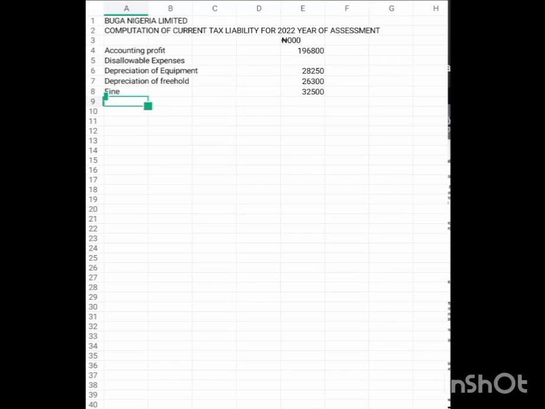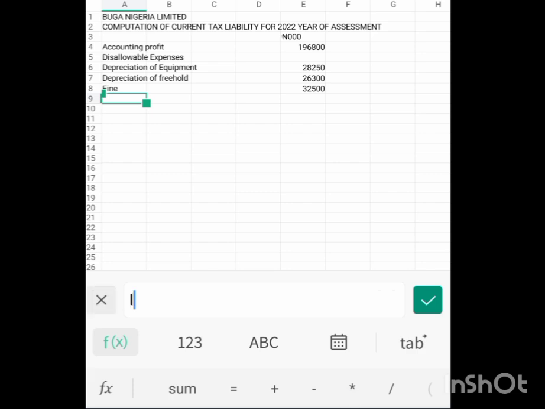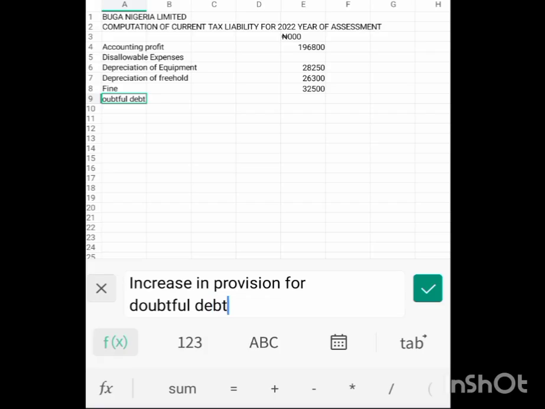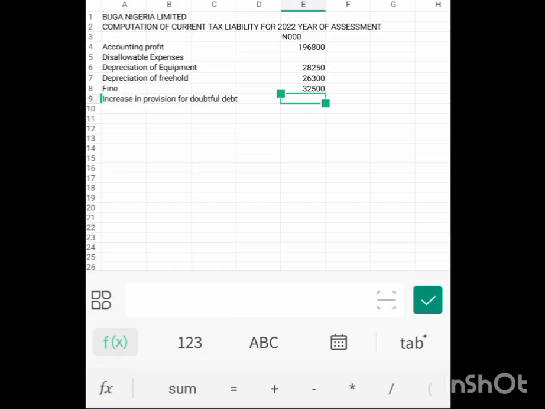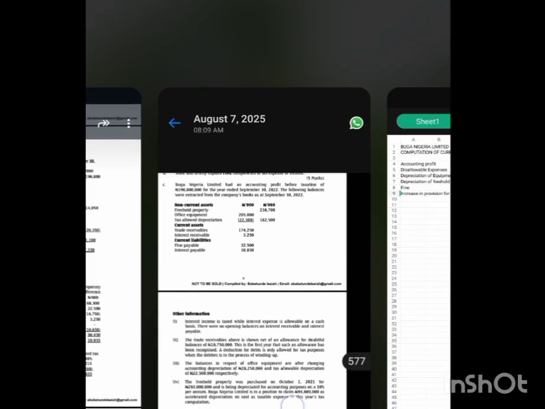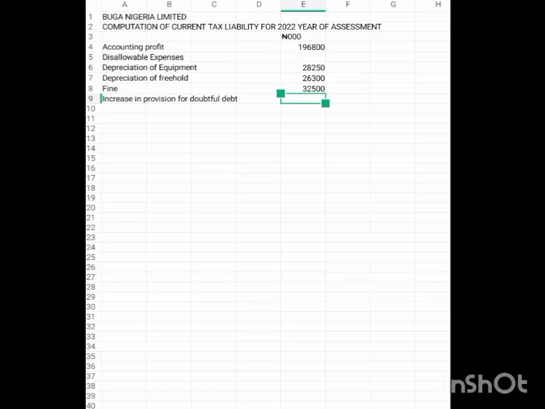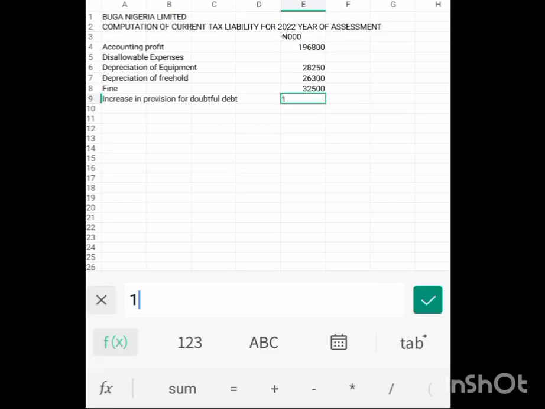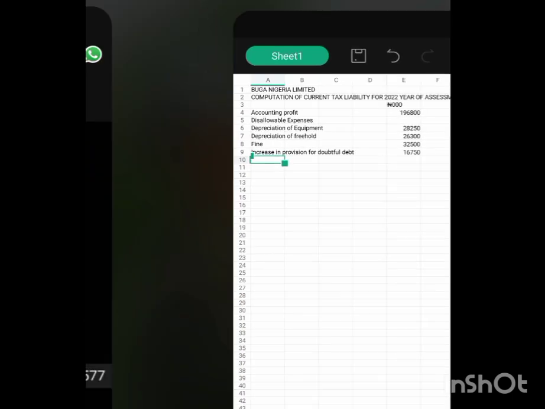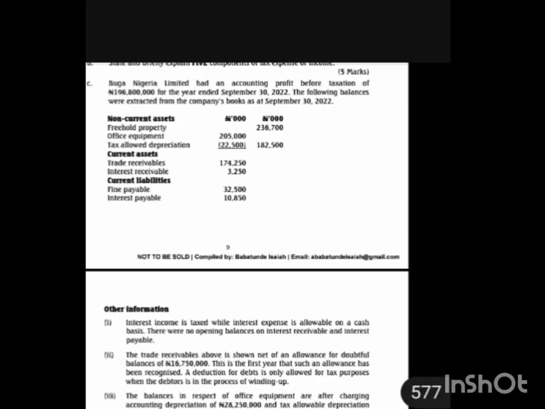We'll come here, we'll see that increase in provision for doubtful debt happens to be 16,750. So I haven't done that. Let's check again.